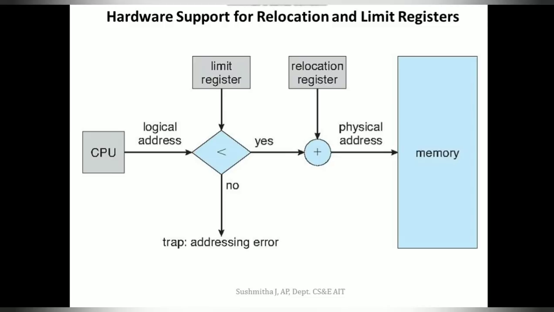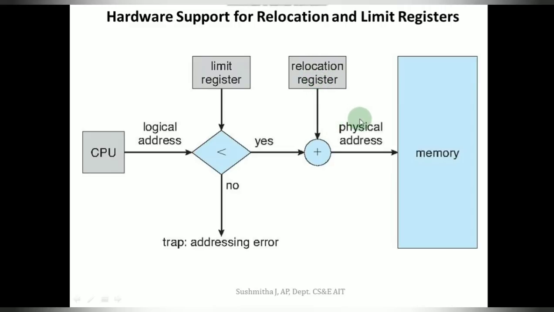Now, the relocation register contains the value of the smallest physical address, and the limit register contains the range of the logical addresses. So what happens here? Each logical address must be less than the limit register, and then the memory management unit, that is the MMU, maps this logical address dynamically by adding the value of the relocation register.